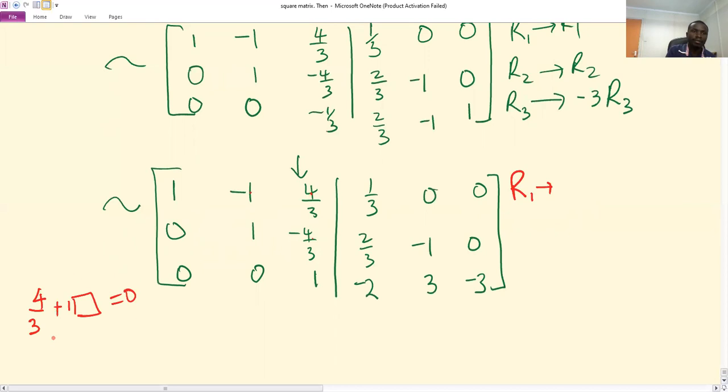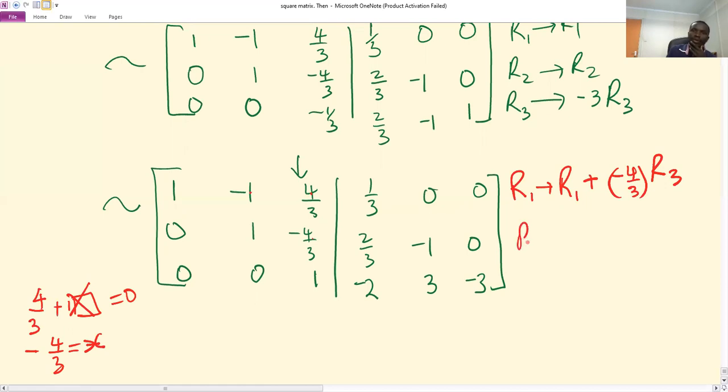So it's like 4 over 3. So if I say this is x, so this is the x. So when I say row 1 plus minus 4 over 3 row 3, then I'm assured of getting 0 in this position.